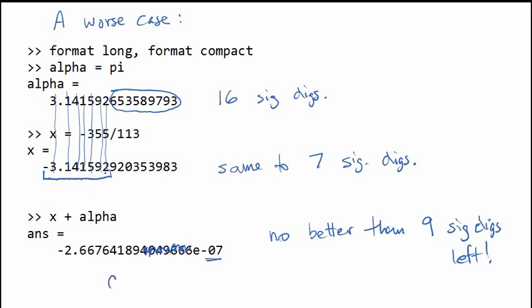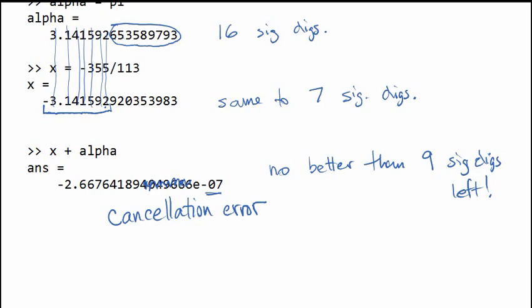This is a phenomenon known as cancellation error. Whenever you subtract 2 nearby values to get a much smaller result, smaller in magnitude, you get this kind of cancellation effect. Another way of looking at it is that this result is accurate relative to x and alpha, but not to itself.